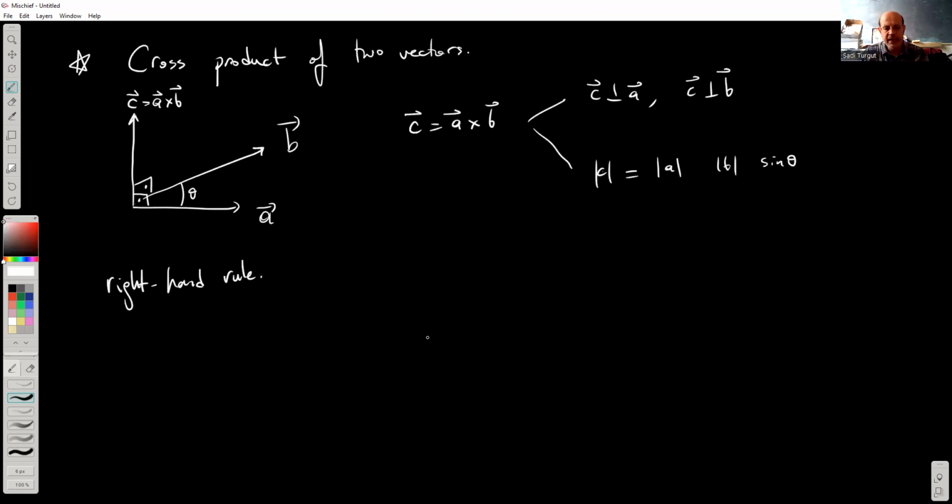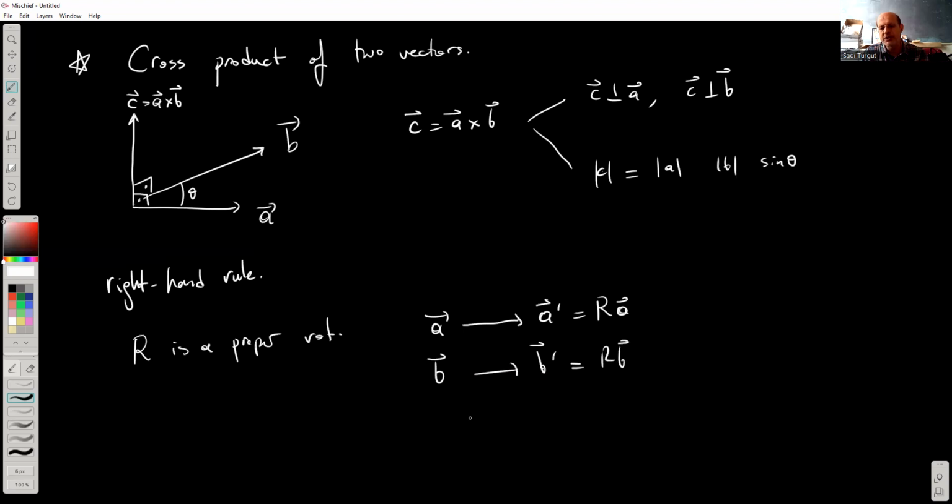In any case, let's say that R is a proper rotation. I can think of this as a transformation of the vectors, right? A is transformed into A prime by a rotation R, and B is transformed into B prime.